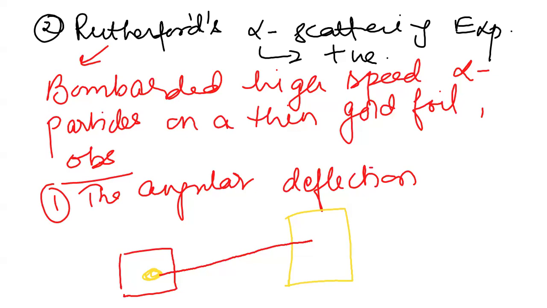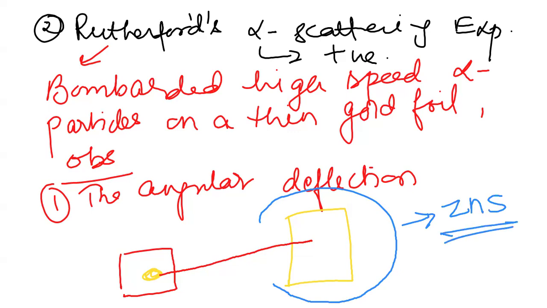And there was one screen placed around it. This screen was a fluorescent screen, or you can say a phosphorescent screen, like the X-ray screen, which is made up of zinc sulfide. So the alpha particles used to emit from here and deflect.